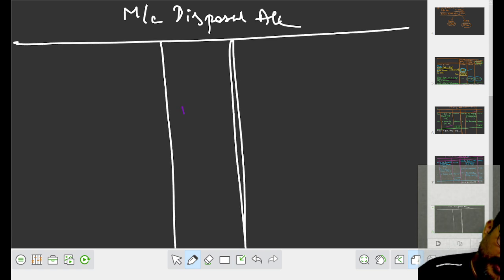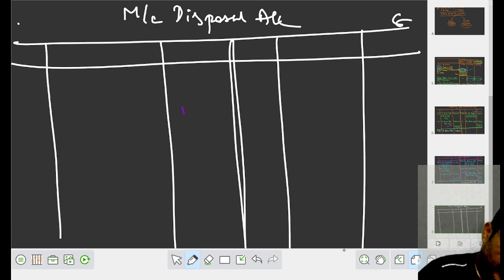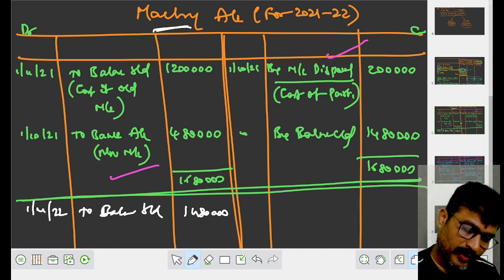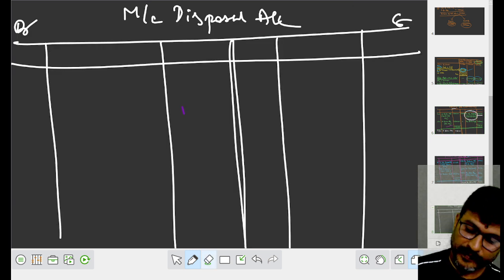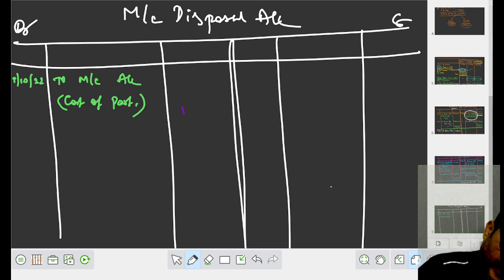See how to prepare the machinery disposal. You know very well from the previous two problems, right? See what happened. First, in machinery account, you have written by machinery disposal with 2 lakhs. Here we have to write 1st October, to machinery account, cost of part 1 is 2 lakh.